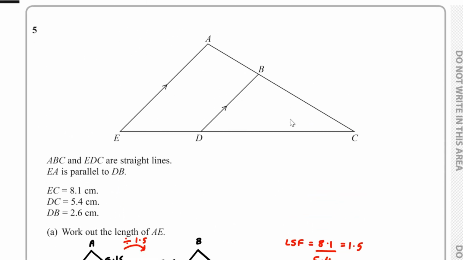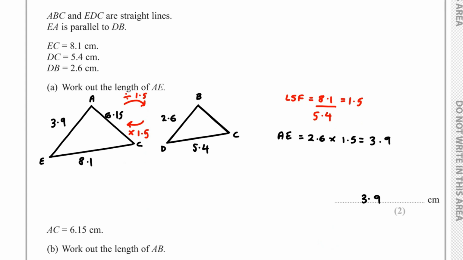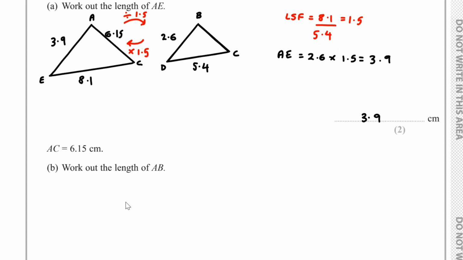Now what we can do is actually work out what BC is. We can work out BC by dividing 6.15 by 1.5. So BC is equal to 6.15 divided by 1.5. If I work this out, that's 4.1.